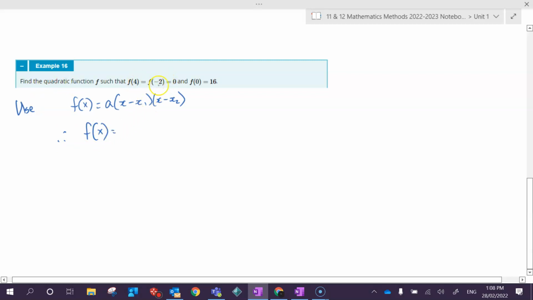If 4 is an intercept and negative 2 is an intercept, I can write x minus 4, and x minus negative 2, of course, becomes x plus 2. Now I have to figure out what that a value is, but they've given me another bit of information. They've given me a y-intercept here. When x equals 0, y equals 16. Substitute in 0, 16 to solve for a.